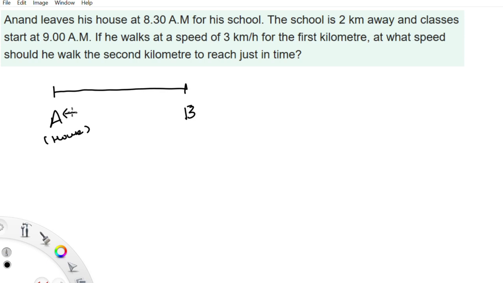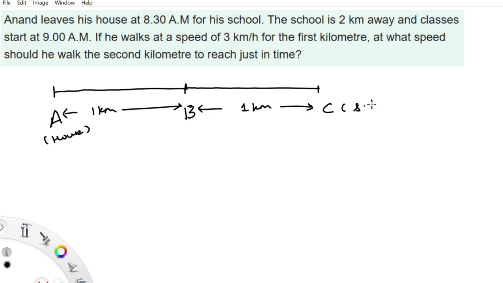So let this path length be 1 kilometer, right? And then from point B to point C is another 1 kilometer, because you're given that the distance between his school and his house is 2 kilometers.